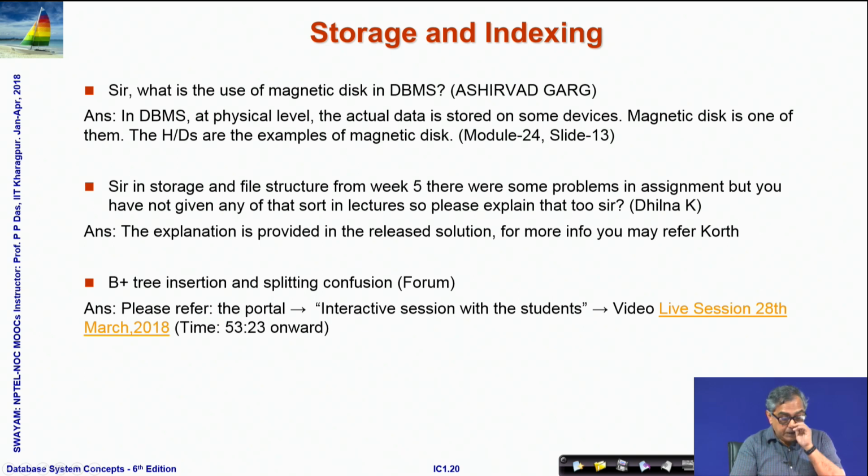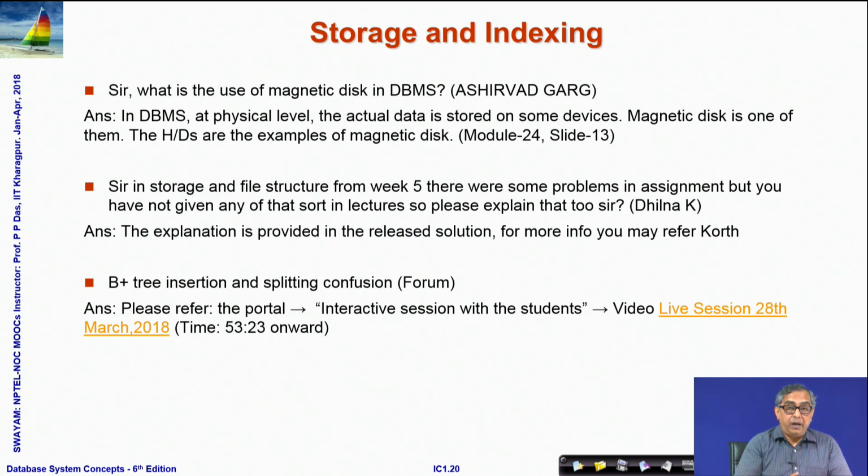Moving on, there were questions on storage and indexing. What is the use of magnetic disks? Now, magnetic disks, the main use of that is secondary and tertiary storage. So, at a physical level, the data has to be stored on some device, and usually this data is very huge.